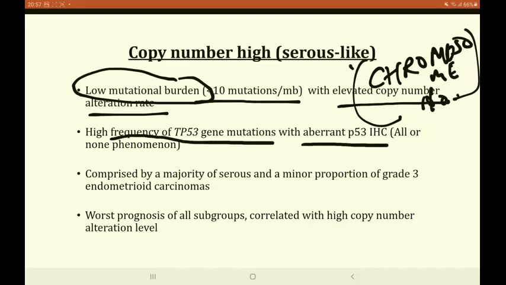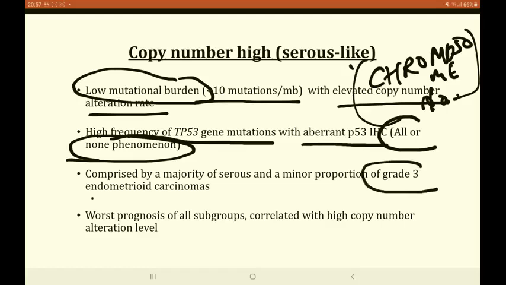So what do we understand by aberrant type of p53? That means p53 by IHC shows the all-or-none phenomenon, that is the mutant type of p53, the abnormal p53. It comprises tumors with the worst prognosis. It has grade 3 endometrial carcinomas and serous carcinomas.